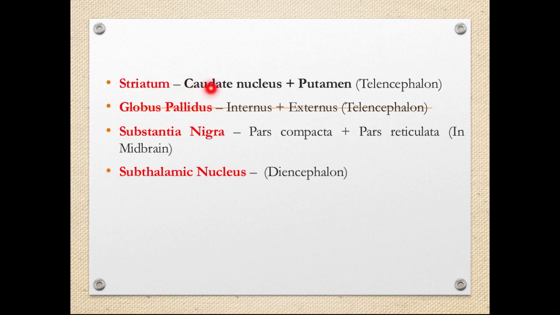So, the first 3, caudate nucleus, putamen and globus pallidus, are derivatives of telencephalon. Subthalamic nucleus is a derivative of diencephalon. Substantia nigra is a derivative of mesencephalon within the midbrain, because the entire midbrain is derived from mesencephalon.